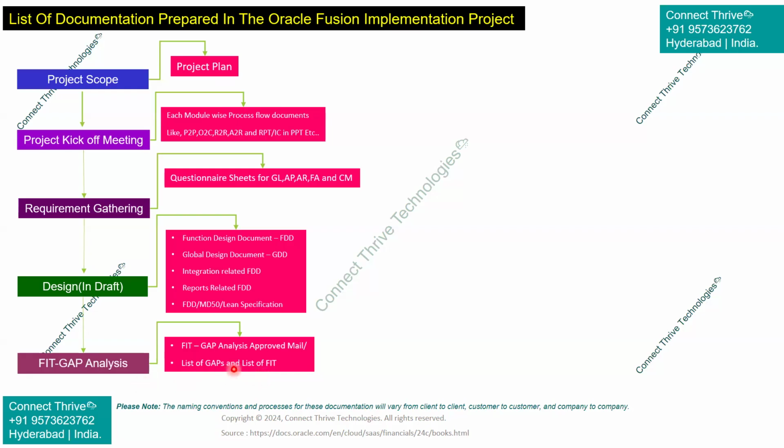These gaps and fits we have to put in an Excel sheet and share with the business user for confirmation and approval. Once they approve these fits and gaps, we will start the build stage.